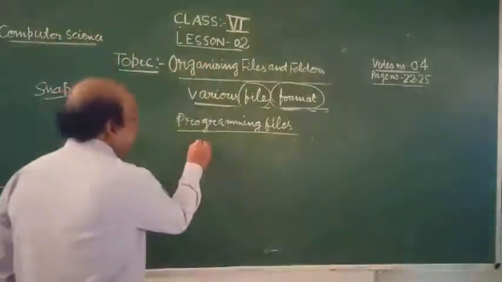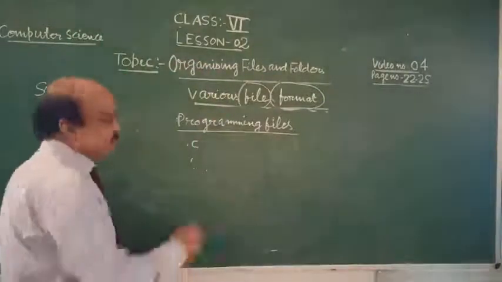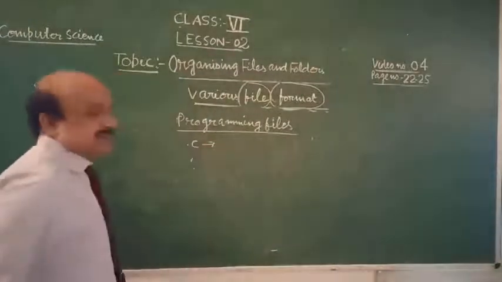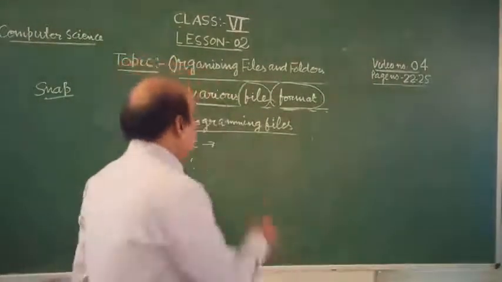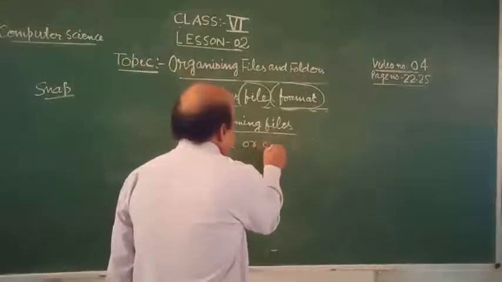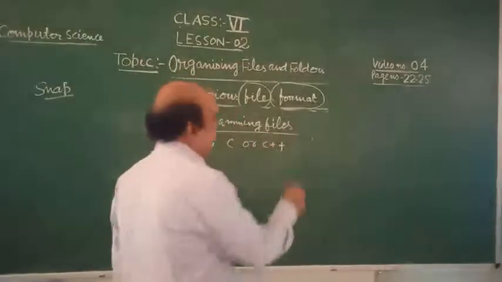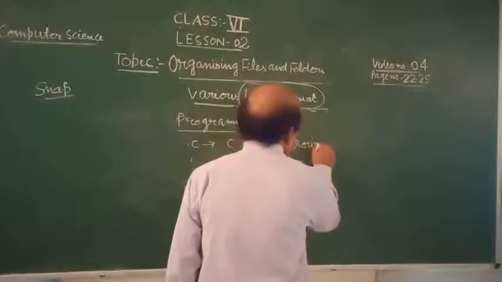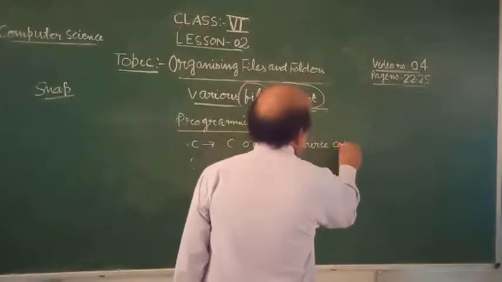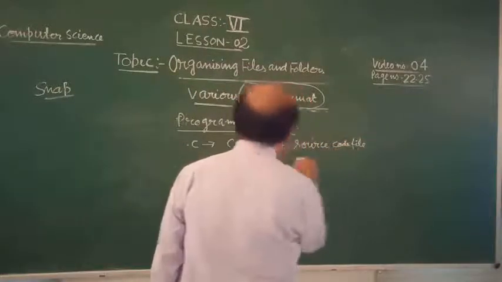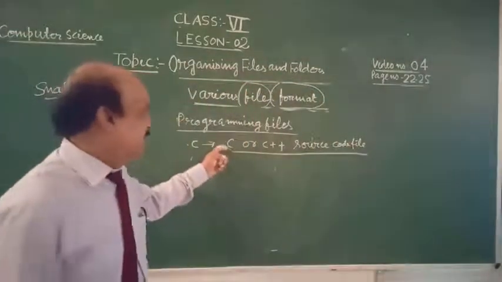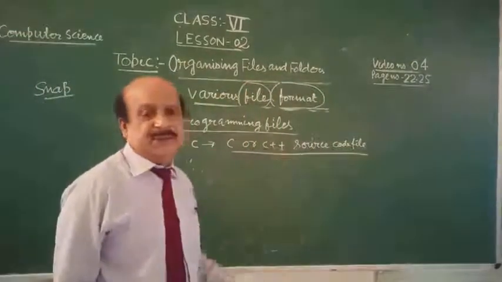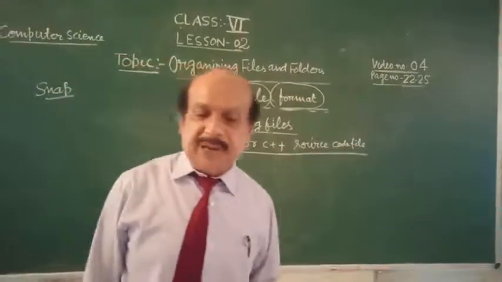For C, if the extension you find is .c, this is the indication that the program is written in the C language, or a C++ source code file. If the program is written in C, the extension you find is C or C++. So you can say these are programming files.